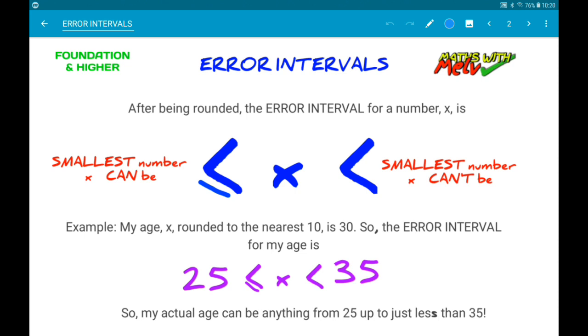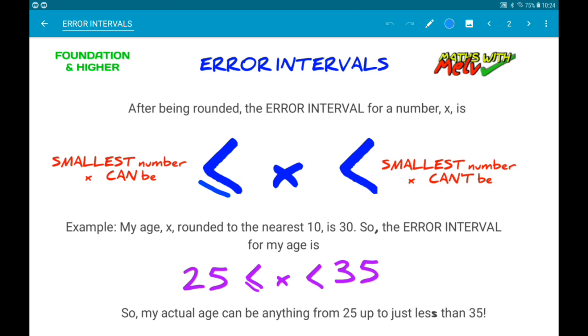So my actual age has to be less than 35. So my actual age could be anything from 25 up to just less than 35. Alright, so that's all that error intervals are.